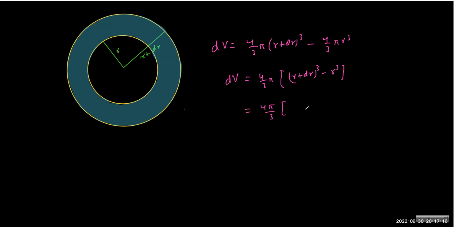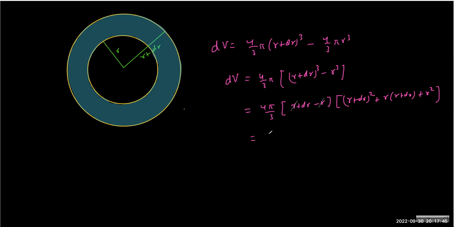It is a minus b into a square plus ab plus b square. Are you guys okay with the formula? Yes.